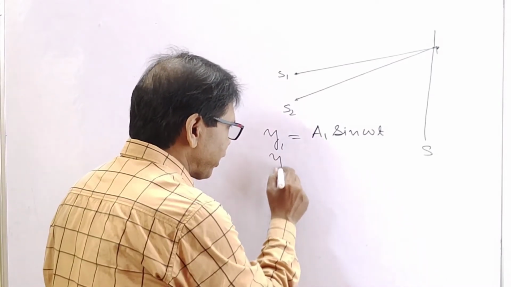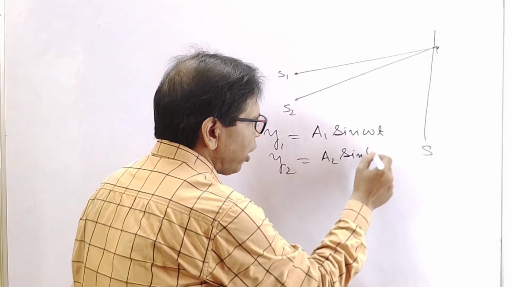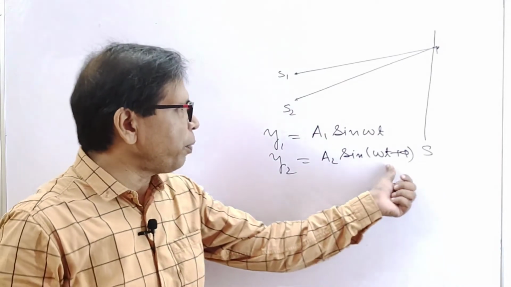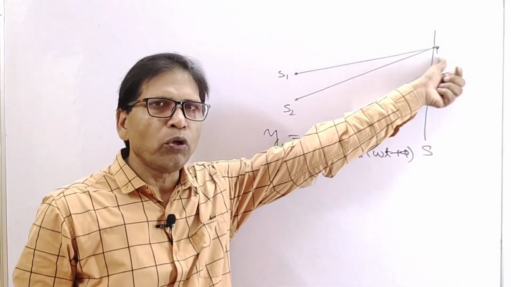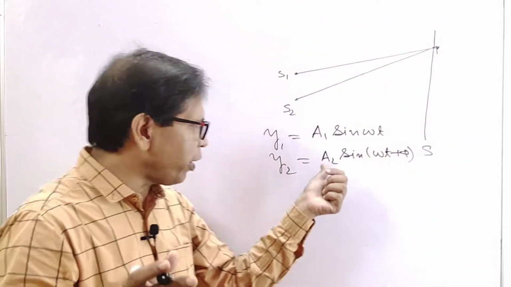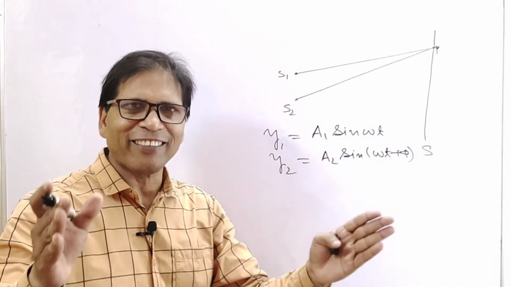Now y2 is equal to A2 sine of omega t plus phi, where phi is the phase difference at the point P of the two waves coming from S1 and S2. A2 is the amplitude of the wave coming from the source S2.